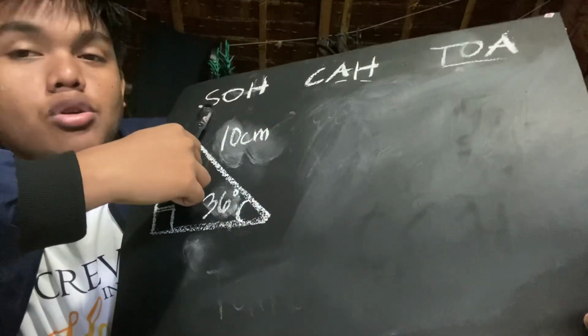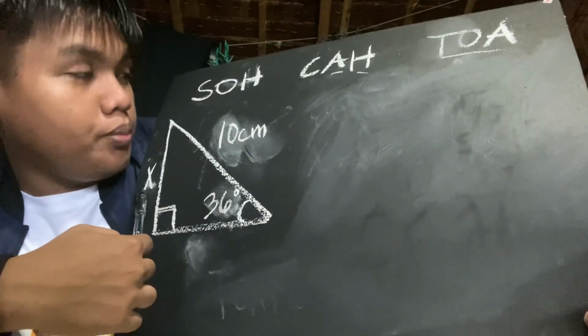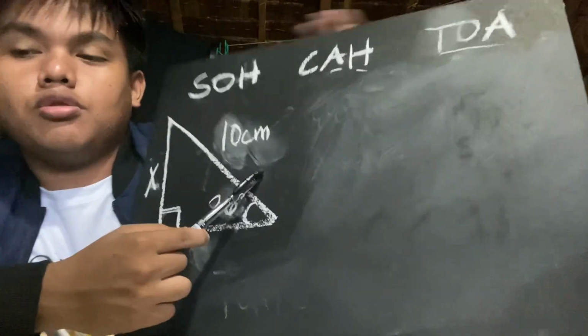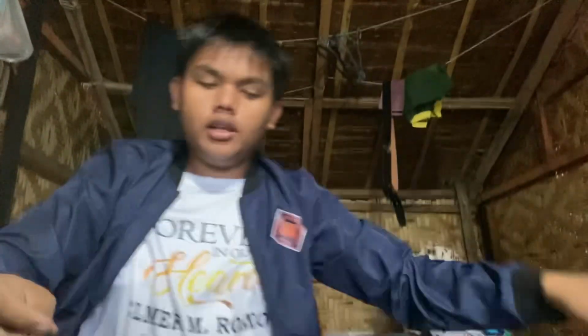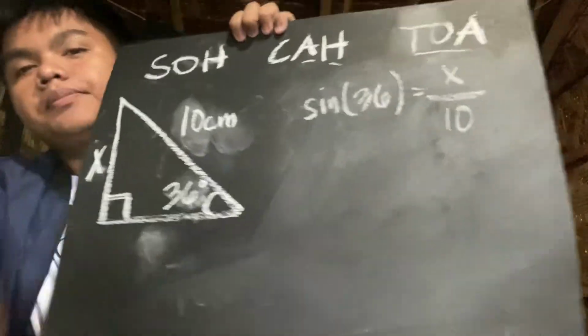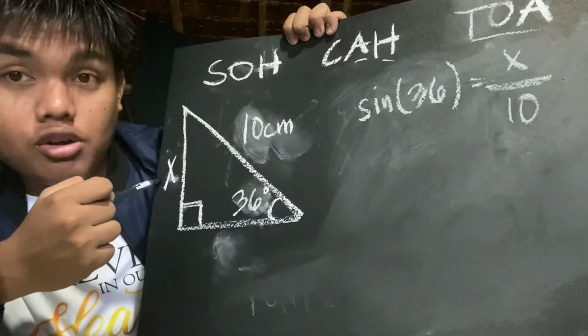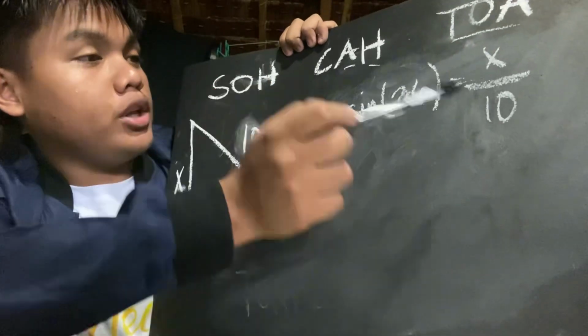So we will use SOH, since sine equals opposite over hypotenuse. If you write that, sine 36 equals opposite x over 10. Good. Sine equals opposite of the angle x over hypotenuse.